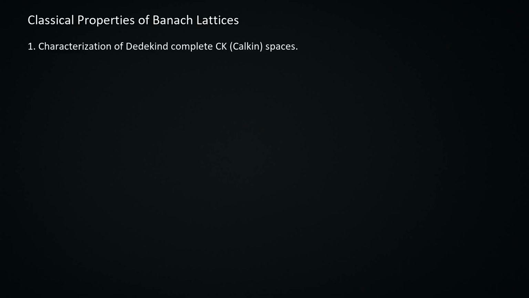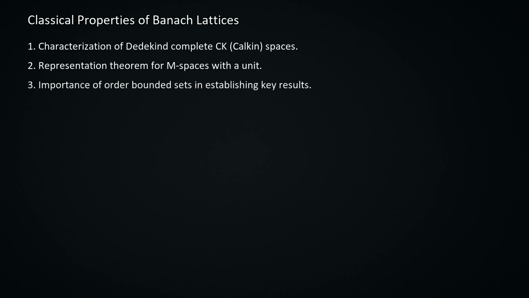A significant portion of this chapter is dedicated to the representation theorem for M spaces with a unit. This theorem provides insight into how certain Banach lattices can be represented as subspaces of larger spaces, offering valuable tools for solving problems within these domains.